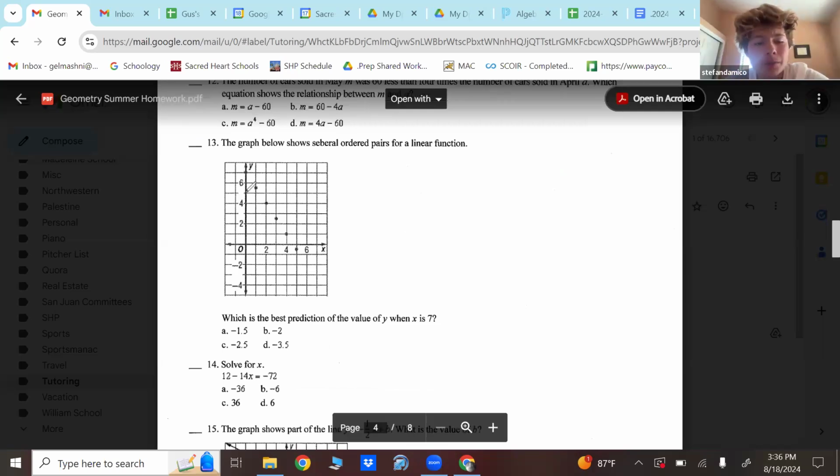Okay, linear means a line. So we have a slope of negative... down 3, right 2, down 3, right 2.